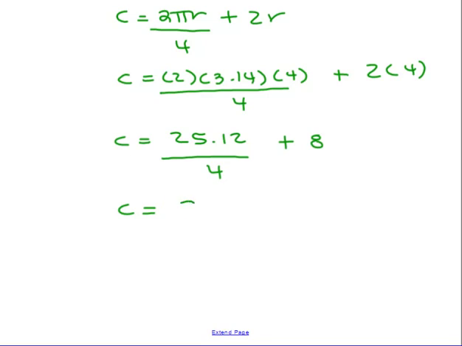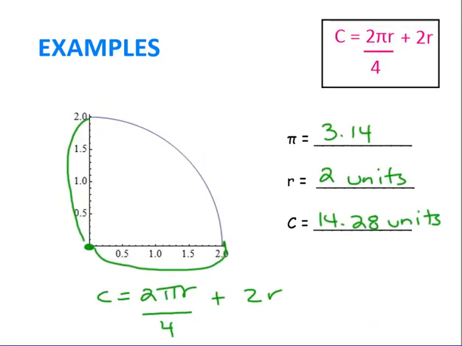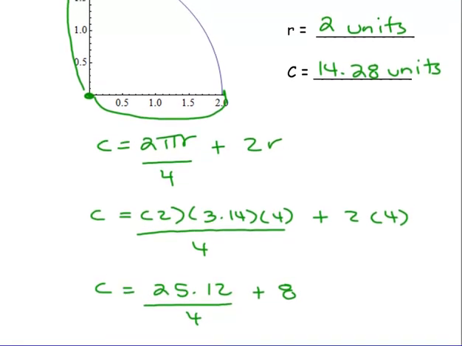Divide that by 4, and that's going to give us 6.28 plus 8. C equals 14.28 centimeters.